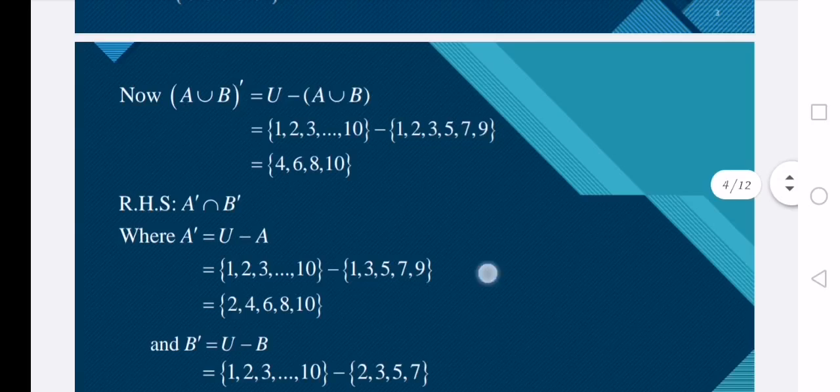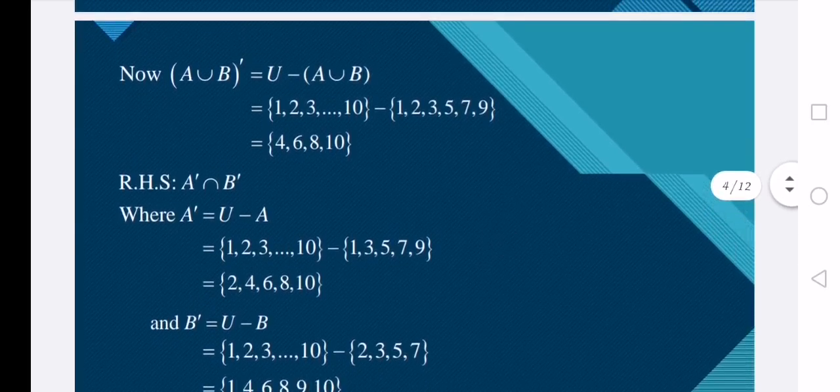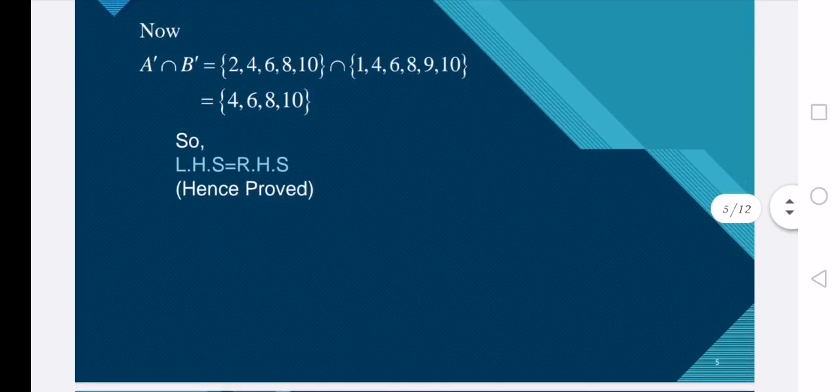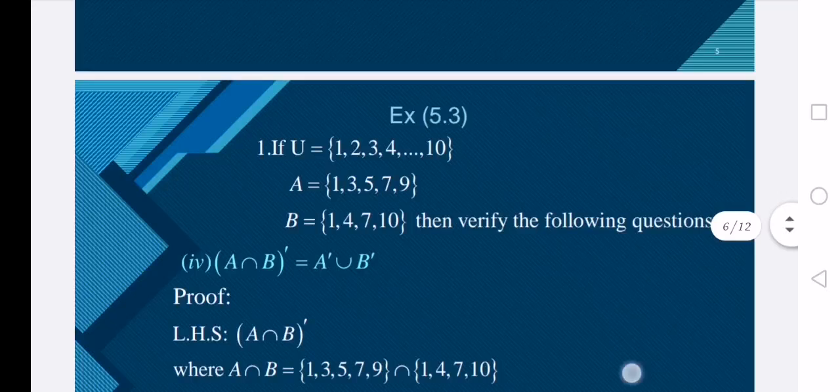Since on the left hand side we had 4, 6, 8 and 10, and on the right hand side when we found A complement intersection B complement, we found the same answer, this shows that left hand side is equal to right hand side. So the first part of De Morgan's laws, that is the first De Morgan's law, is proved.